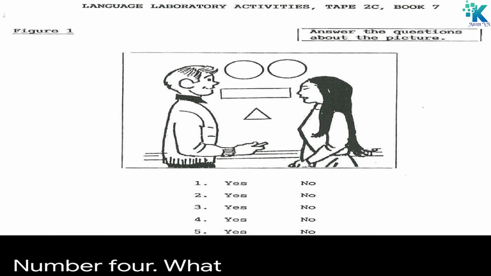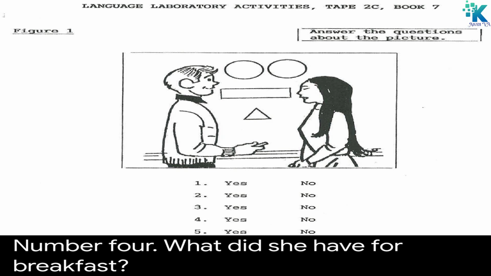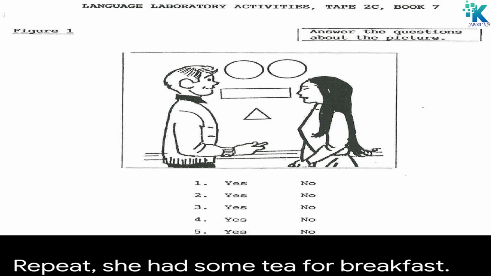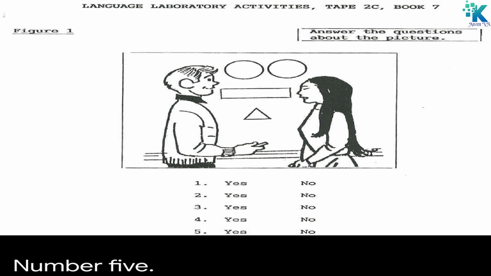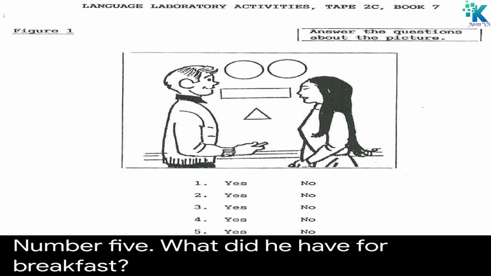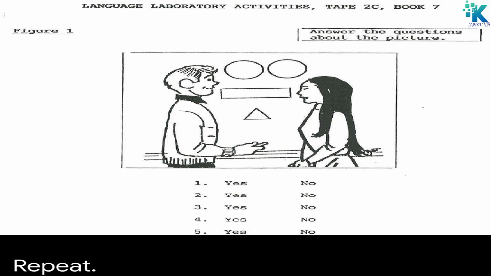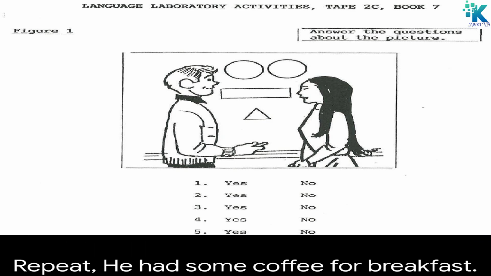Number 4. What did she have for breakfast? Tea. Repeat. She had some tea for breakfast. Number 5. What did he have for breakfast? Coffee. Repeat. He had some coffee for breakfast.